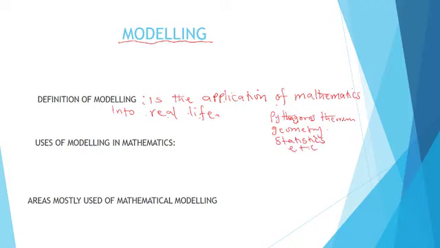How can we apply Pythagoras theorem into solving our day-to-day problems? How can we apply our knowledge of geometry into seeing that some of the things we see around us are being calculated in their appropriate terms? How do we apply our normal way of statistics of evaluating and collecting data, systematically creating room for ideas in real life?